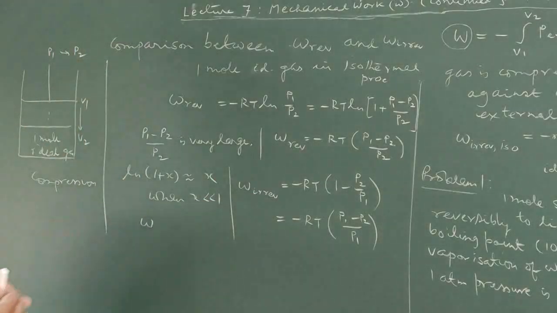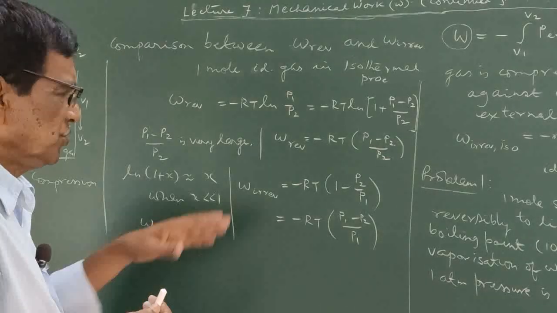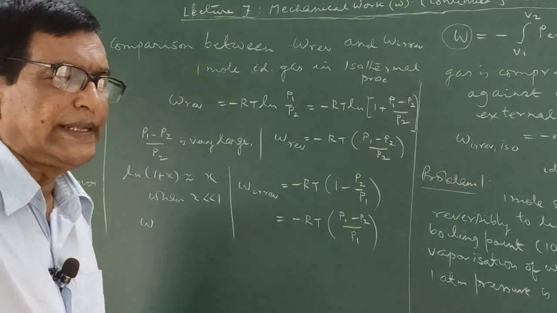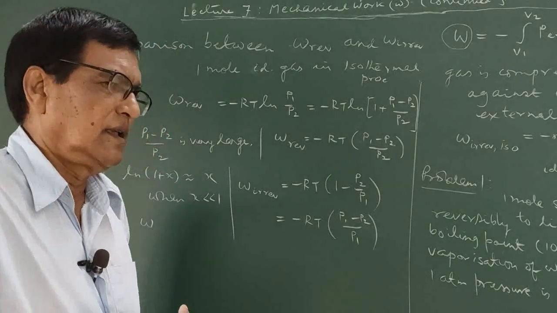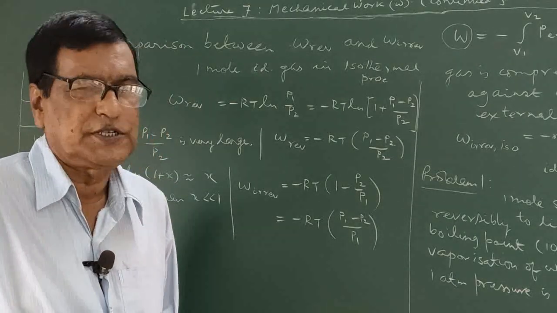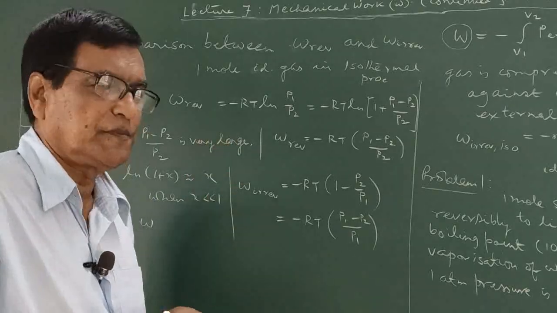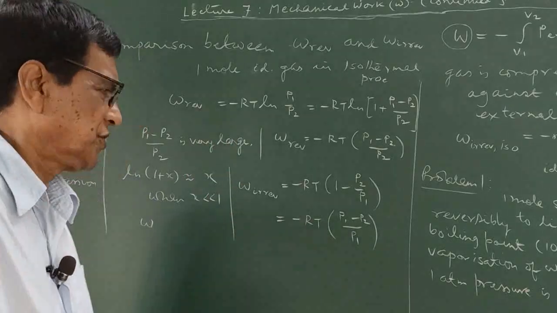And these are the expressions. Now further we shall see which one will be greater in case of the reversible process, in case of compression, and in case of expansion.